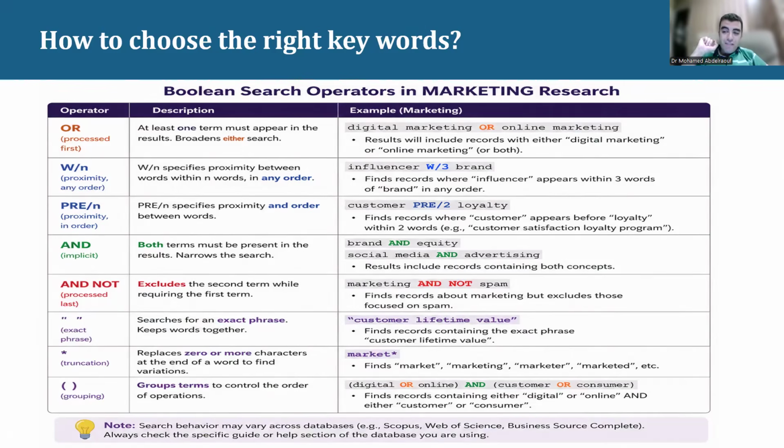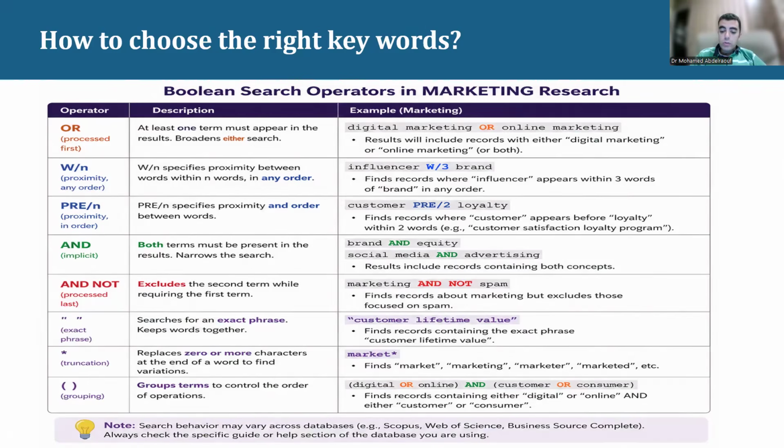these phrases are very important. In addition, the asterisk replaces 0 or more characters at the end of a word to find variations. Find market, marketing, marketed, etc. Grouping between quotation marks or between parentheses: (digital or online) and (customer or consumer).